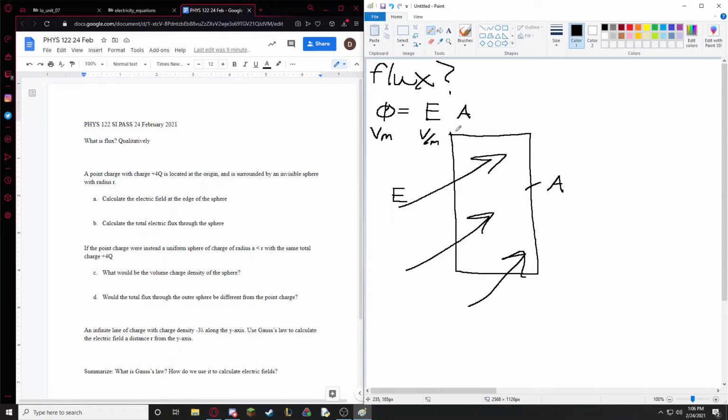Yep, meters squared. So we somehow have to multiply our electric field with our area, and the units check out, because our meter squared cancels out with our meters to get volt meters, whatever it is. So is it just that we multiply the electric field times the area? Is it that simple?